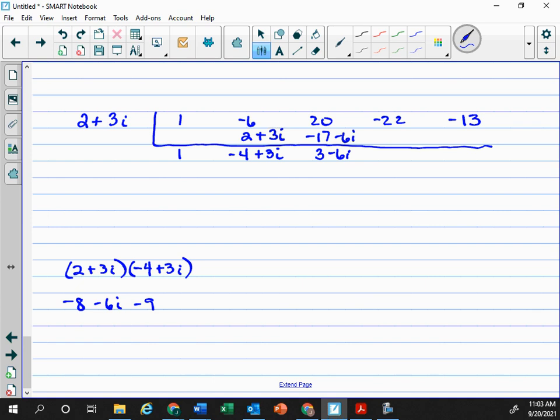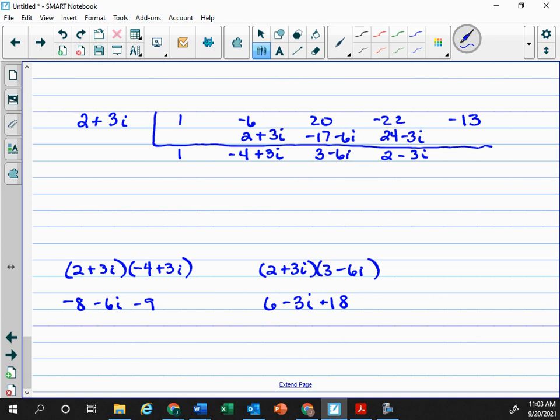And I get to multiply again. 2 plus 3i times 3 minus 6i. So 6, that'd be minus 12i plus 9i, so minus 3i, minus 18i squared, so plus 18, so we have 24 minus 3i. Okay? Add, and I would have 2 minus 3i.